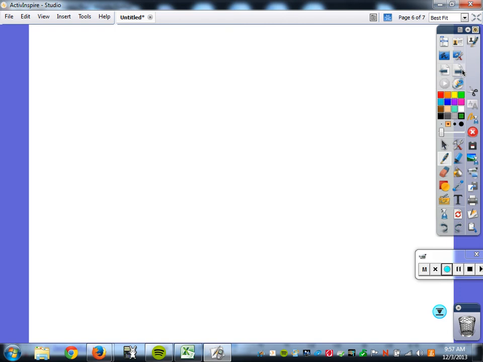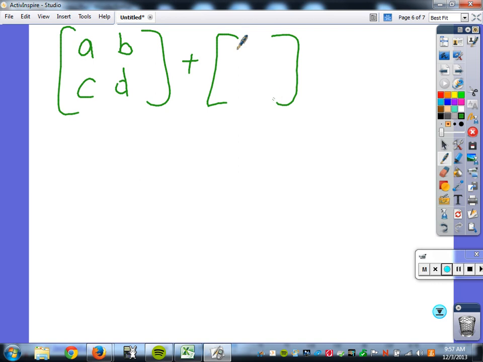What am I doing? Oh, if I gave you A, B, C, D, and I add matrix 1, 2, 3, 4, and I get 9, 10, negative 11, negative 12, somebody tell me a way that I could solve this.